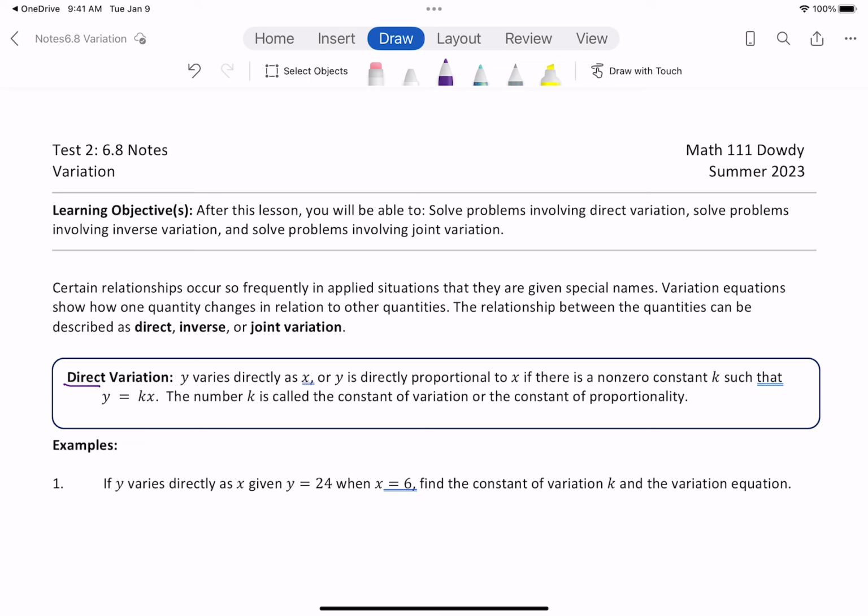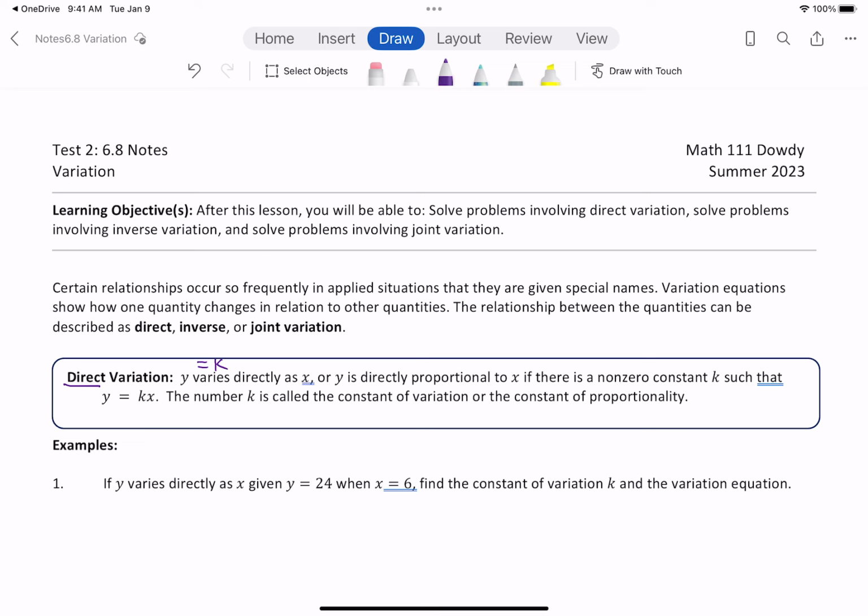And this is going to be in the form of y varies directly as x, or y is directly proportional to x. So those basically mean the same thing. Where you see the word varies, we're always going to be inserting equals k, which is the constant of variation.